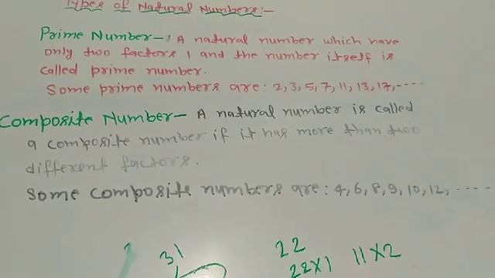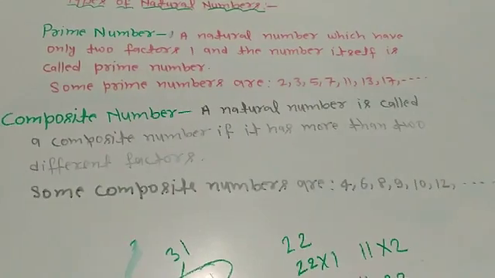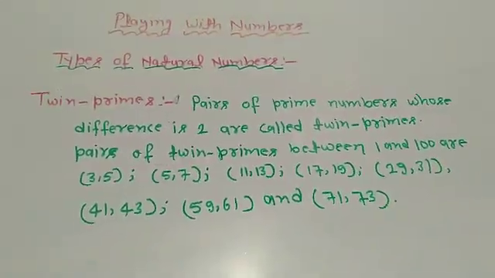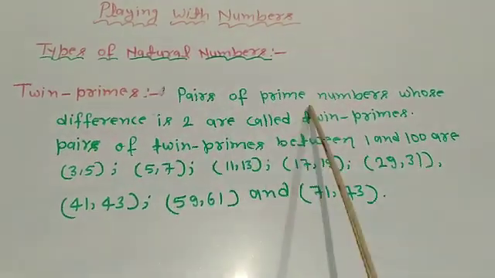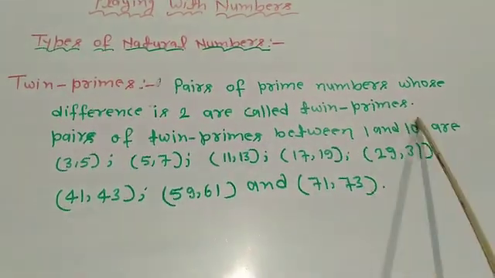Now we are going to discuss twin prime numbers. Twin primes: a pair of prime numbers whose difference is 2 are called twin primes.